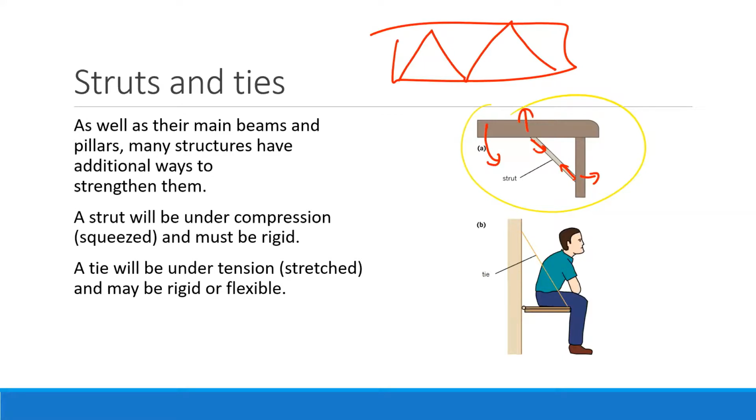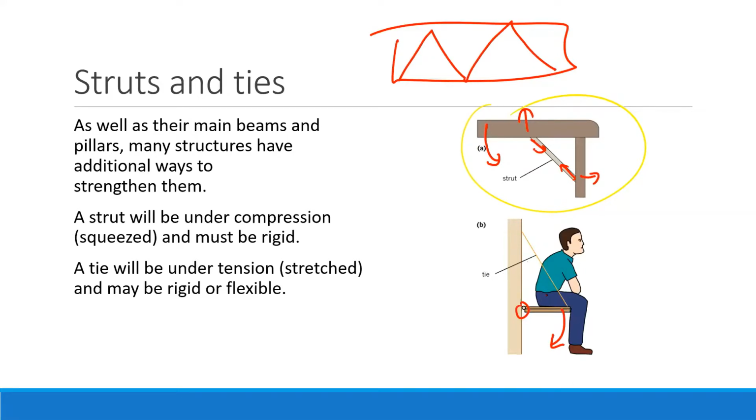Sort of the opposite of a strut, coming from a vertical direction, is something called, I guess, a tie. A tie is under tension, and this is what we talked about with suspension bridges. This is how a suspension bridge works. They can be flexible or rigid, so you can make a tie out of wood or steel or whatever. How a tie works is, again, this person's going to apply a torque that goes clockwise.